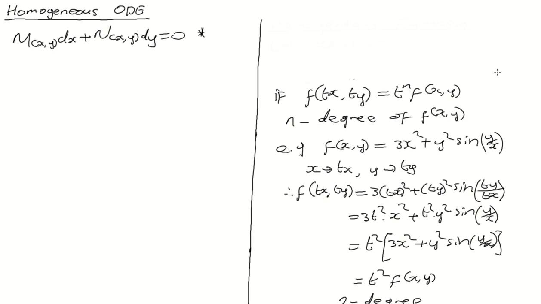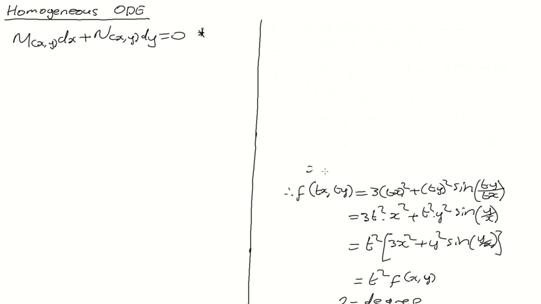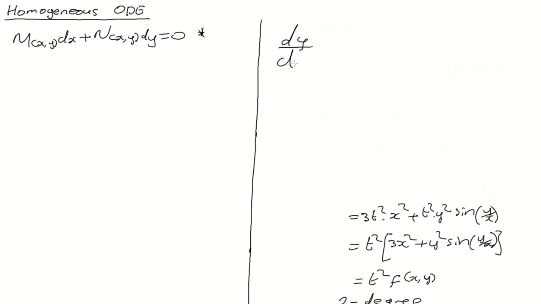I know there are some places where they will put this differential equation as follows. Let me write it here. They will put it as dy over dx is equal to f of xy.